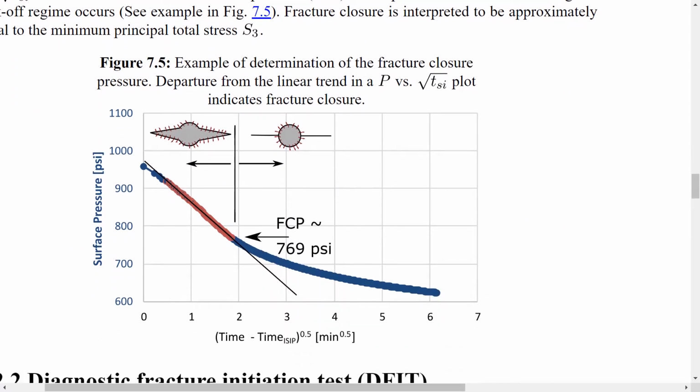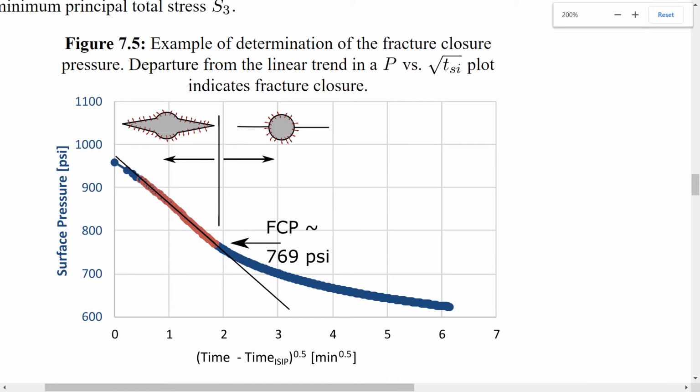When you plot that data as a function of the square root of time after the shut-in time, so at the shut-in time that would be 0, you see that when the fracture is open, the pressure goes down linearly with the square root of time, and that's telling you the fracture is still open. That's telling you that the fluid is leaking from something that has sort of a planar geometry.